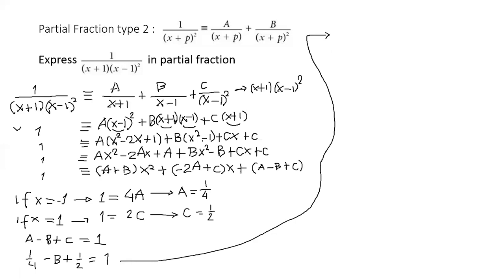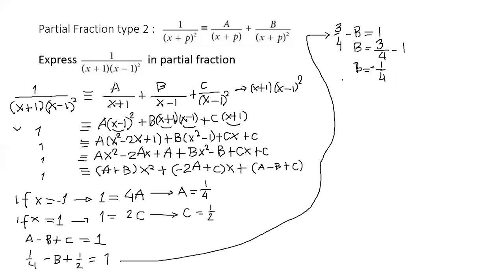A quarter plus a half, 2 to half, I mean, so 3/4, because 2/4 plus a quarter, 3/4 minus b equals 1, so b equals 3/4 minus 1, b equals minus 1/4.